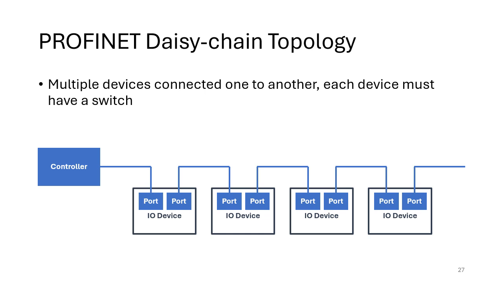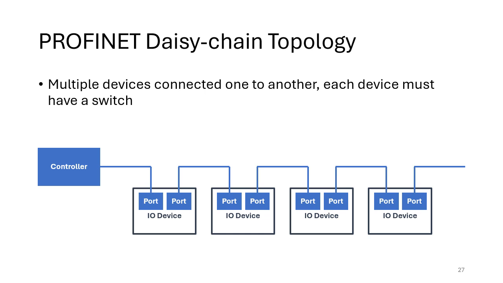Now, the problem with the previous topology is you end up having to buy lots and lots of switches, and industrial switches don't tend to be cheap. So this is what we find in many common PROFINET implementations today. Multiple devices are connected to each other using a daisy chain topology where each device has a built-in switch. Now, the benefit of this is you don't need any additional hardware. All you need is your Ethernet cables between the controller and each I/O device.